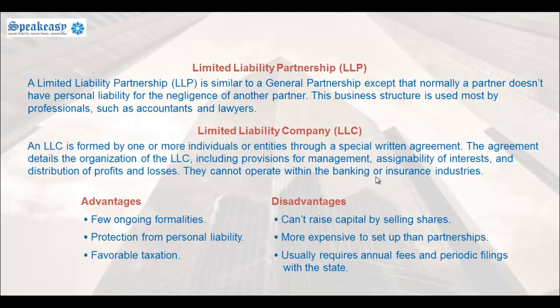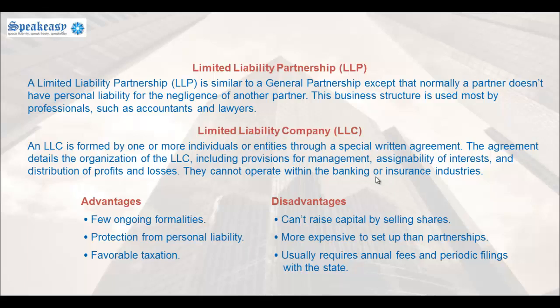A limited liability company is formed by one or more individuals or entities through a special written agreement. The agreement details the organization of the LLC, including provisions for management, assignability or interests, and distribution of profits and losses.